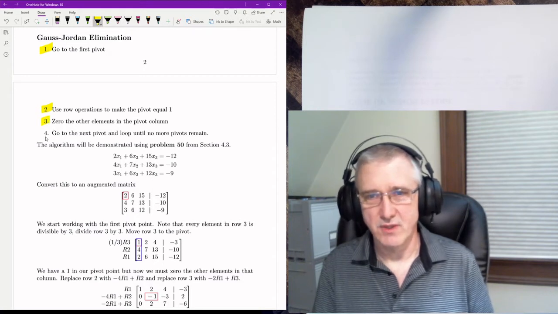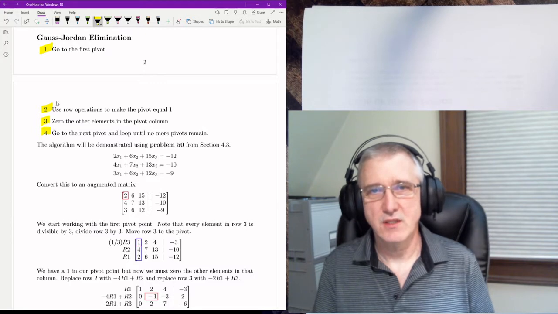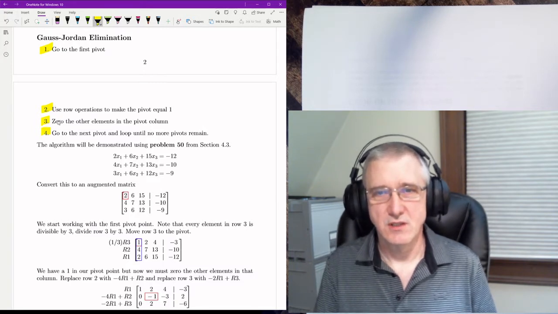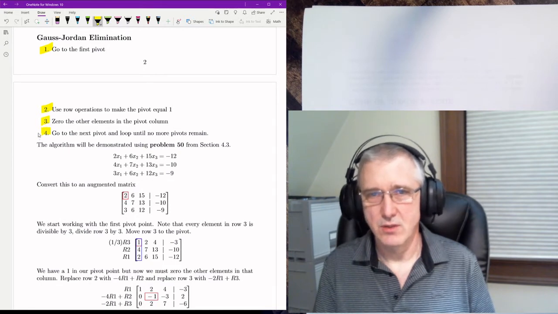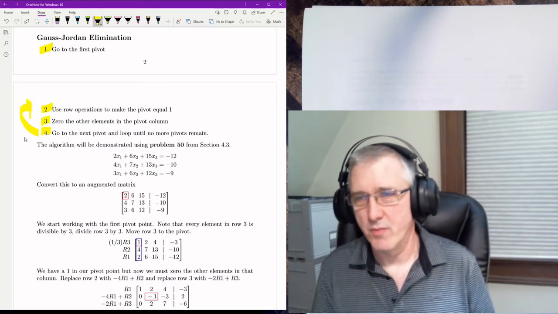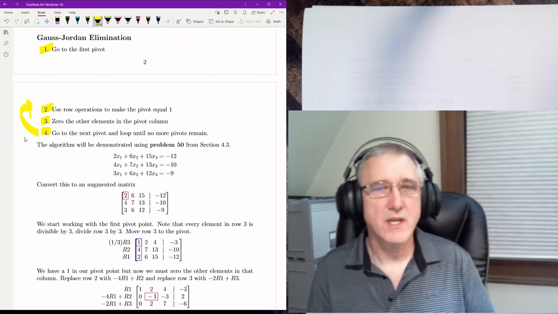Go to the next pivot. Follow the same process: row operations, zero out the other elements in the column. Continue this until no more pivots remain.